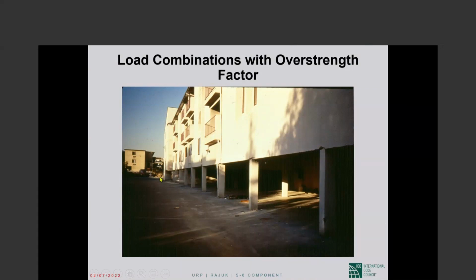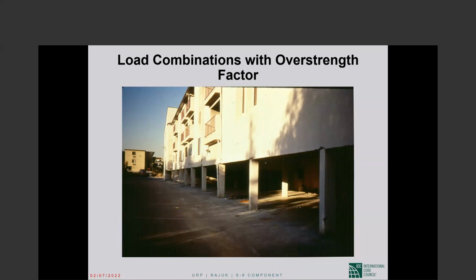So the lowest level is open, supported by columns. But then from the next level, you have shear walls, because those are residential units and walls are needed to separate the different spaces, bedrooms and so forth. So this is extremely common, but this also gives you what are called soft stories.